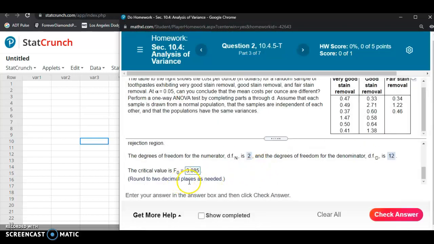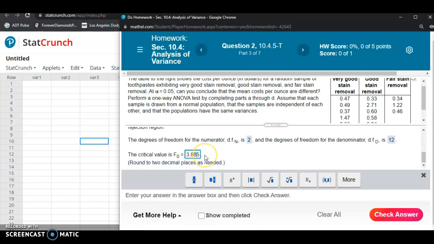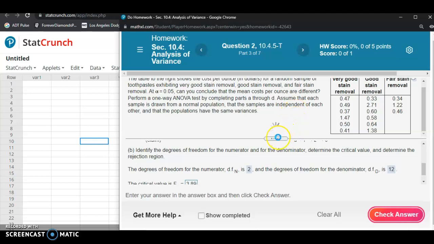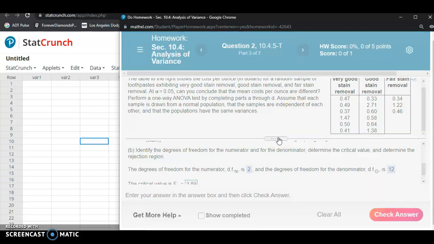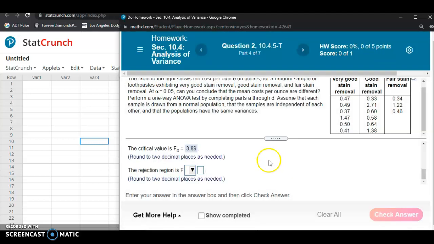Okay, sometimes it'll dock you for including too many decimal places, so it wants it to two decimal places, not three. So it'll be 3.89. Okay, so the rejection region is that it's greater than or equal to that value.